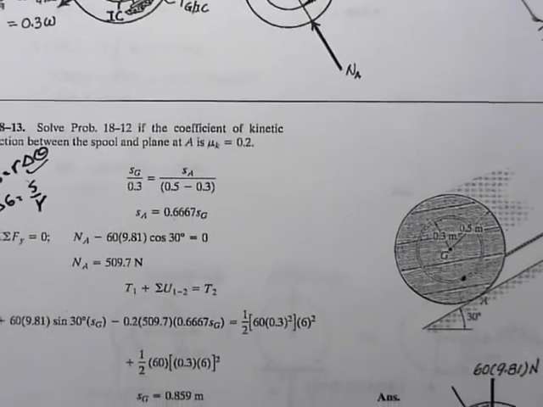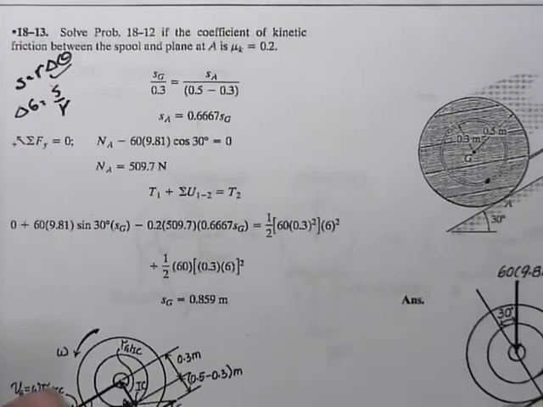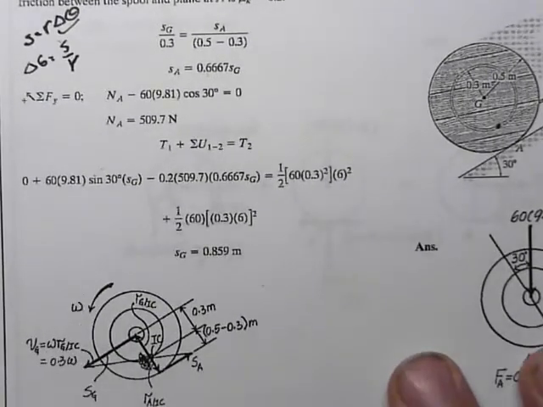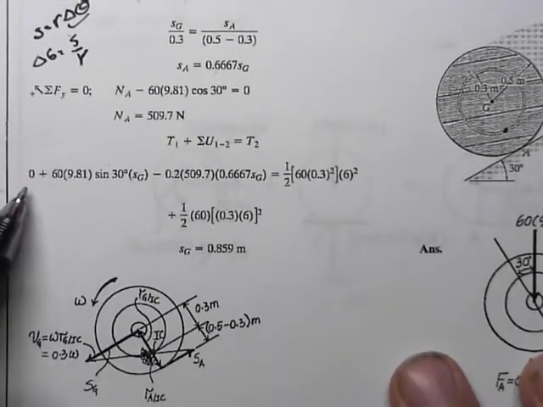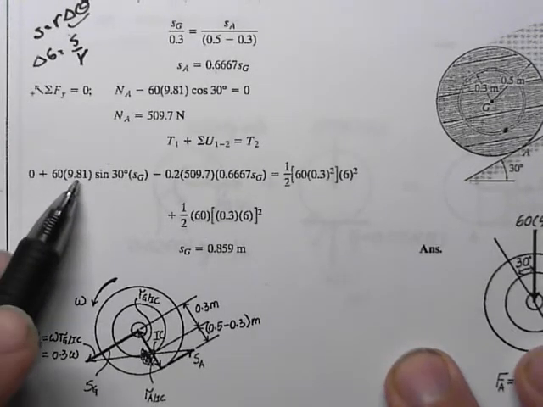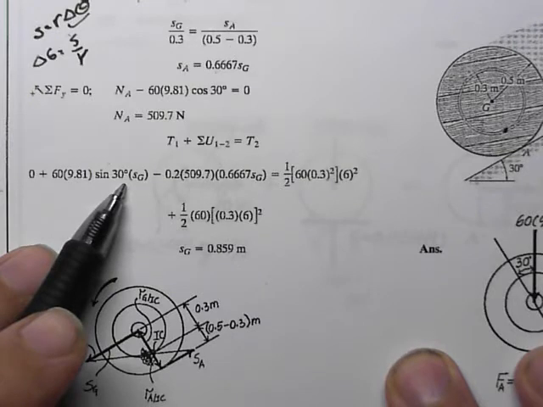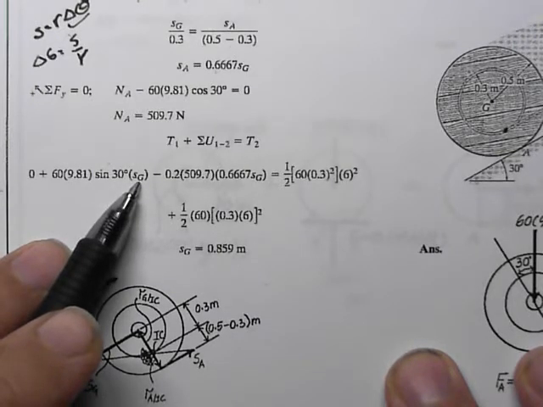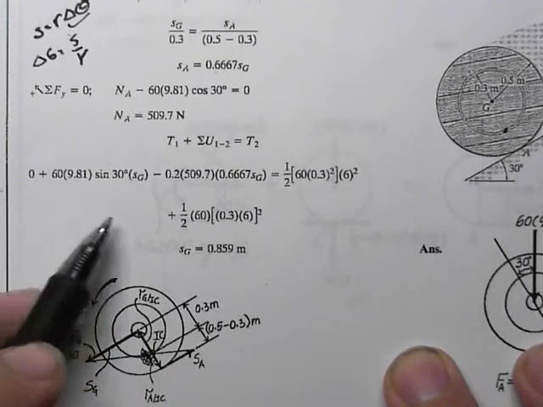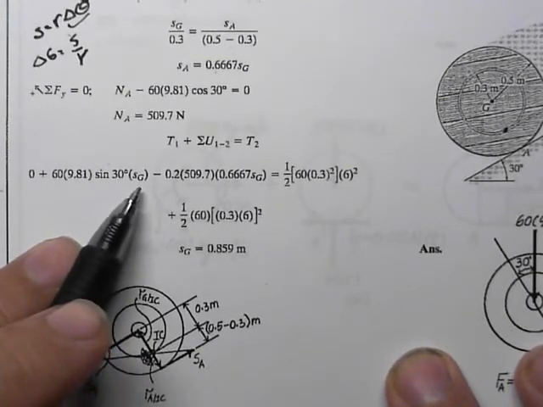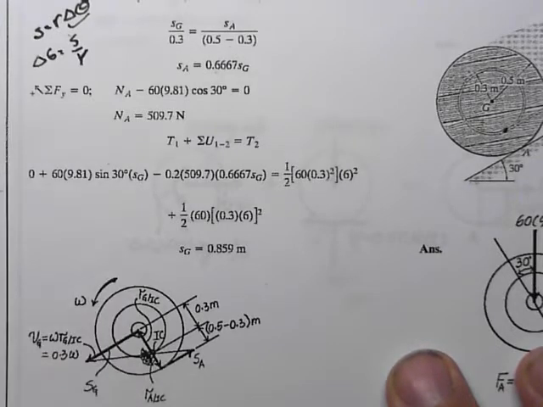And now we're going to work the energy problem, and the energy problem will be very similar to the previous one, but now we add in the friction. And so we have, starting from rest, the mgh for the center of gravity, just as exactly what we had in the other problem. And so this is the distance the center of gravity travels. And then we're going to have work done by friction.